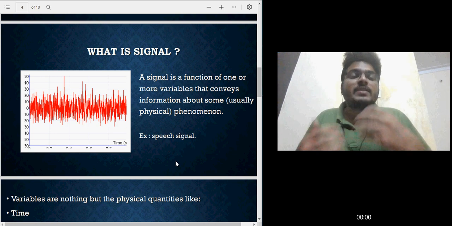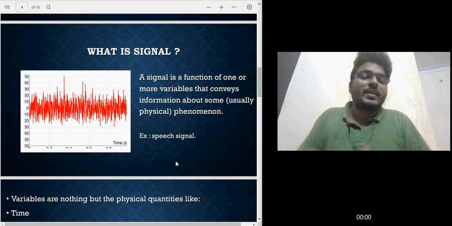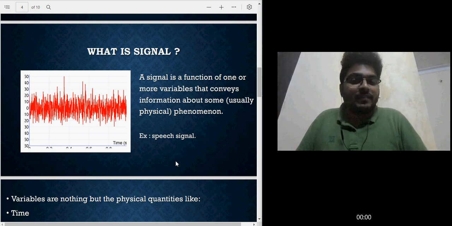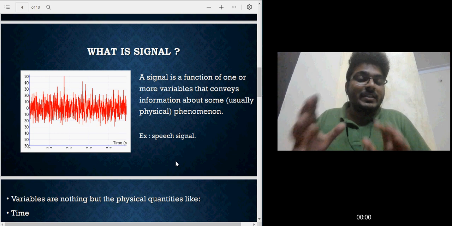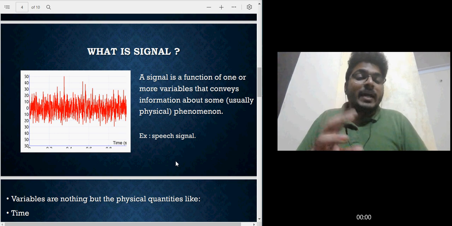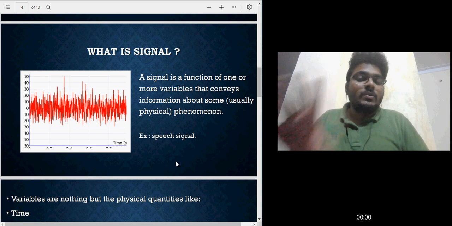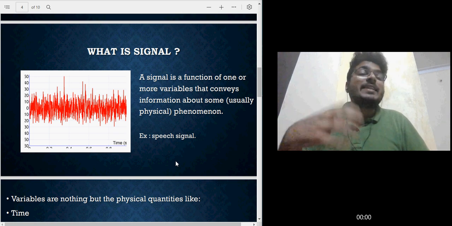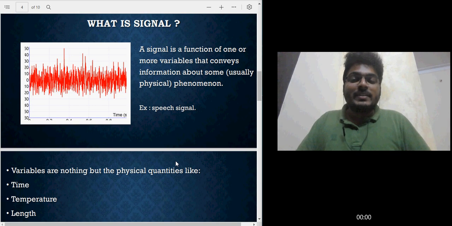As I told, my voice is getting converted with the help of a transducer, which is represented in the form of a graph. So a physical phenomenon is actually happening, and I am representing it in terms of a signal, which you can understand by looking at it. You will understand some process is happening. A signal is something which is conveying some information. Here it's time, and here it's voltage.